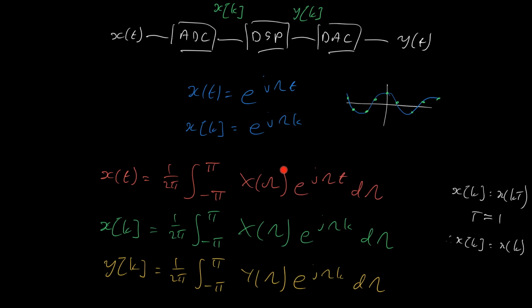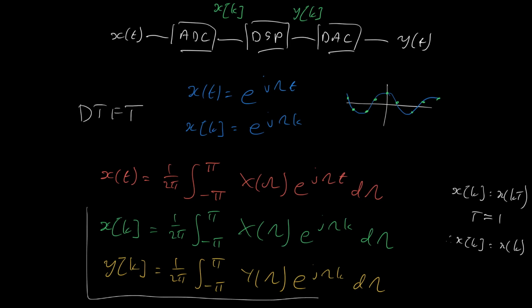Well, this derivation here shows that we can understand exactly what the system is doing, how this DSP block converts the frequency components of x into the frequency components of y. This then reduces our two fundamental questions to questions simply about how this DSP block changes the frequency components of x of k into frequency components of y of k. This leads immediately to the introduction of the discrete-time Fourier transform.